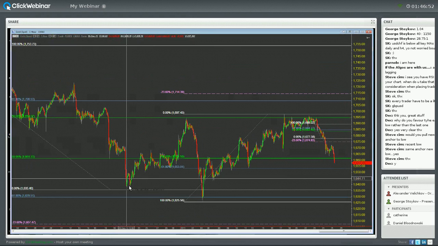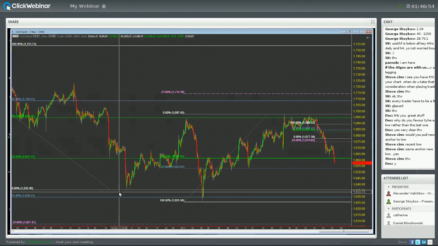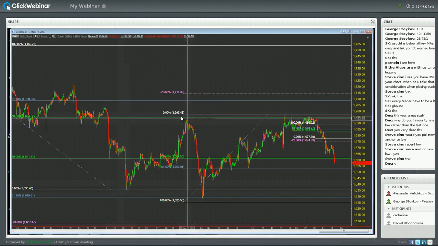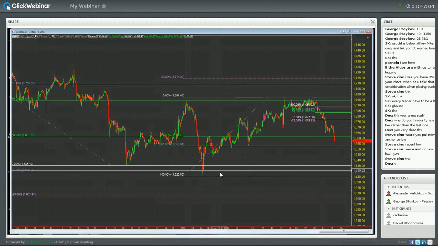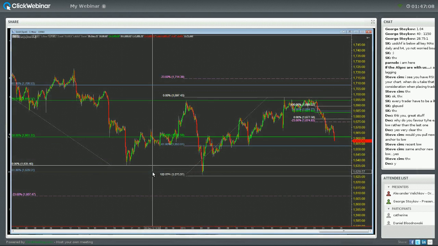You can see to this low, the 1635.40. Perfect hold of the 50%, making sure it's riskless and everything. However, not trading to its target. The reason why is that we broke a major support level in gold, the 1629.